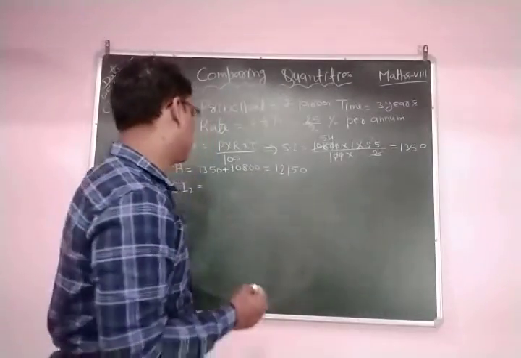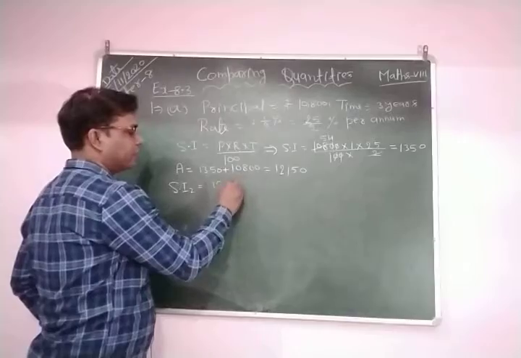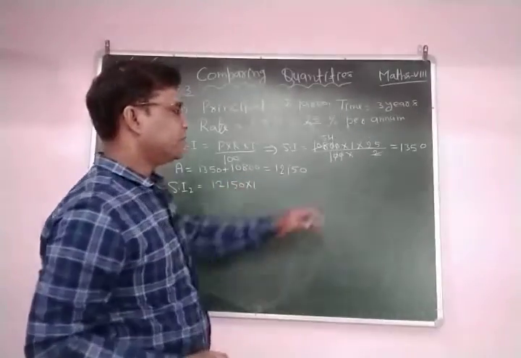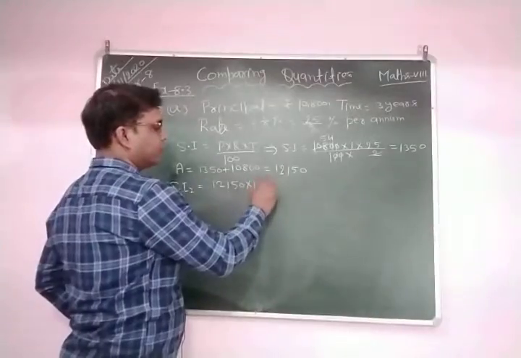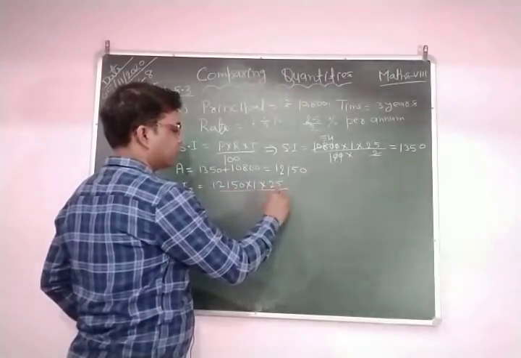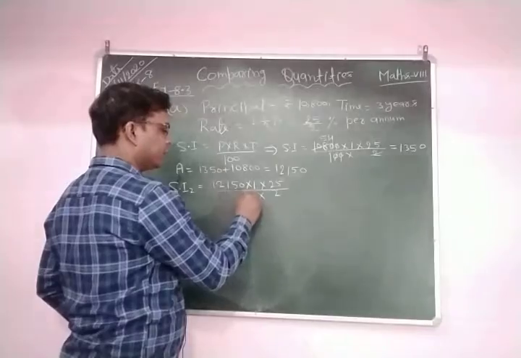Okay, so we can write principal is equal to 12,150 into, again we take time 1 year, because we take time 1 year here and 1 year here, and the rate is 25 by 2%. This is equal to 2 into 100.